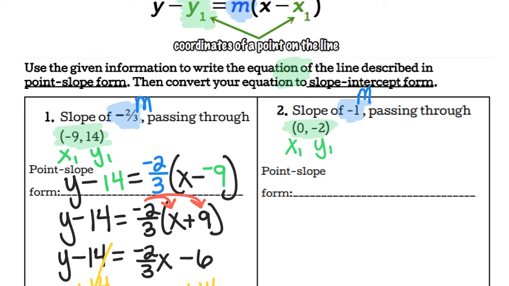So let's go ahead and start with that point slope form. We're going to start with y minus, and we're going to get that y value of -2 equals, now we're going to need the slope number, so that's -1, and start your parentheses for x minus, and then we're going to pull in that x value of 0.